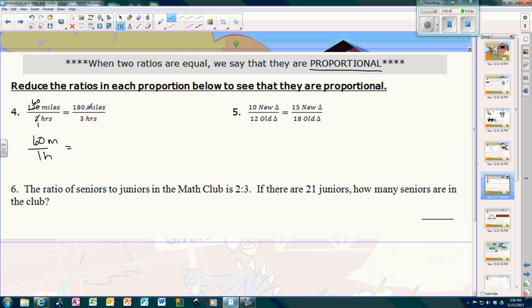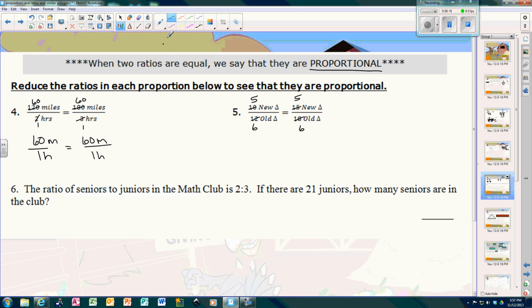It's the same thing as going 180 miles in 3 hours. If I divide both sides by 3, I get 60 miles in 1 hour. Same thing over here, 10 new triangle, 12 old triangle. Both of these are divisible by 2. 2 goes into this 5 times, 2 goes into this 6. So 5 over 6 is equal to 5 over 6.